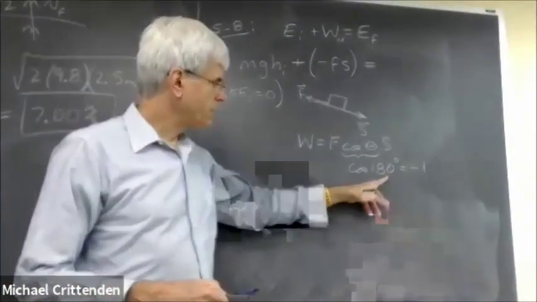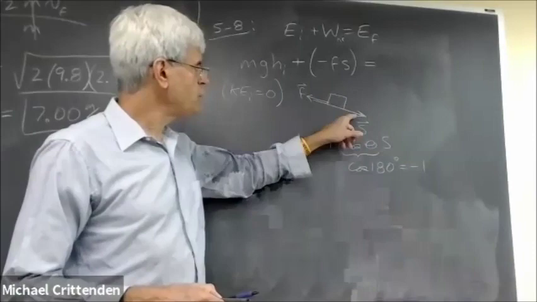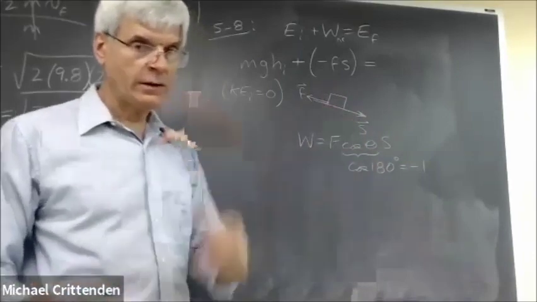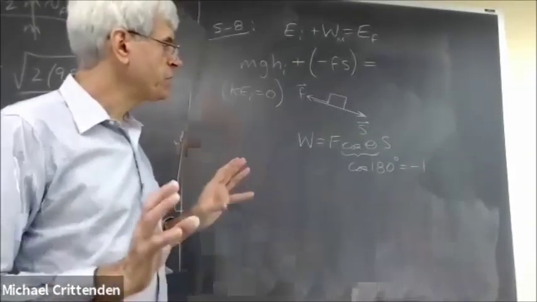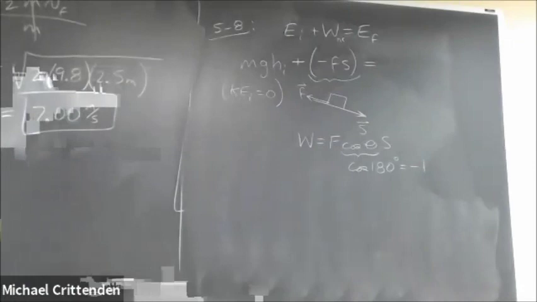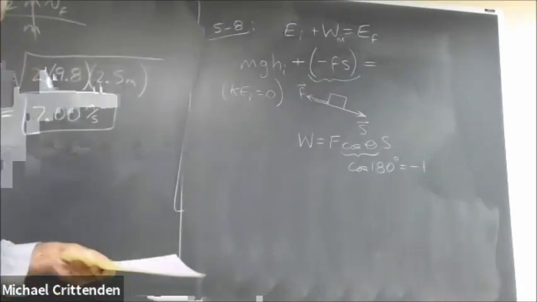If you stick these two arrows together, they always make 180 degrees anywhere along the whole path. Friction always opposes motion. When it's friction, the angle is always 180 degrees. So that's where that comes from, in this or any other problem involving work done by friction.